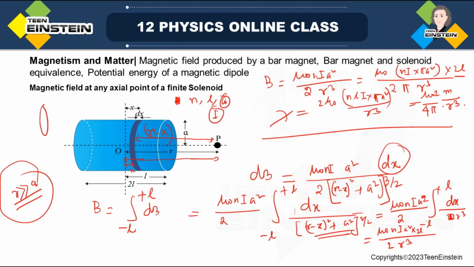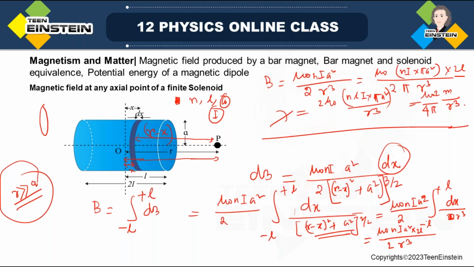Okay, so from a mathematical point of view also we can show that the axial magnetic field produced by a finite length of solenoid is the same as the magnetic field produced by a dipole on its axis.